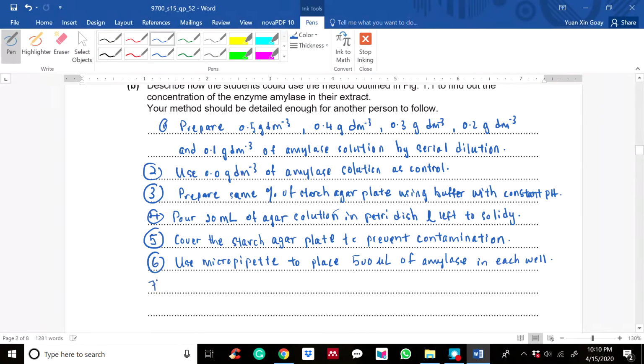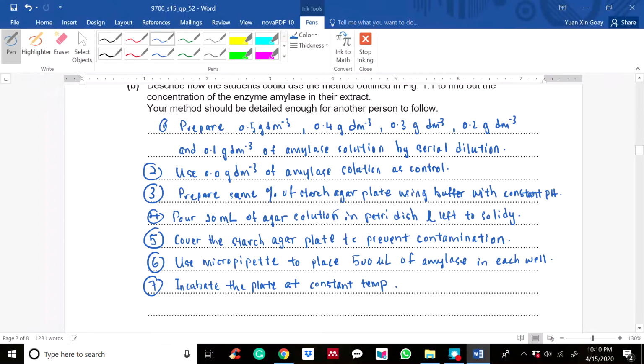And the next step is to start to incubate all the 5 plates, including the control plate, all the 6 plates. So incubate the plates at, you need to mention, constant temperature.